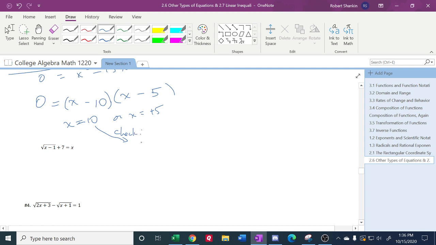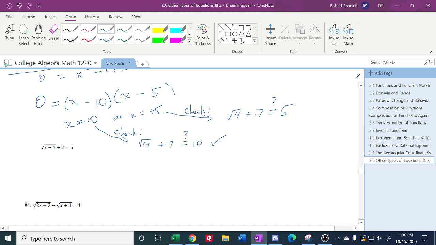If I plug that in, I'm going to get square root of 9 plus 7. Does that equal 10? And it sure does. Check. If I plug this one in for the check, plug in 5, I'm going to get square root of 4 plus 7. Does that equal 5?